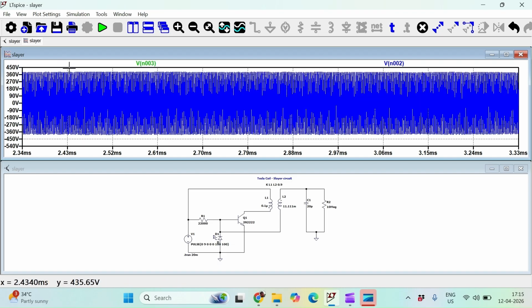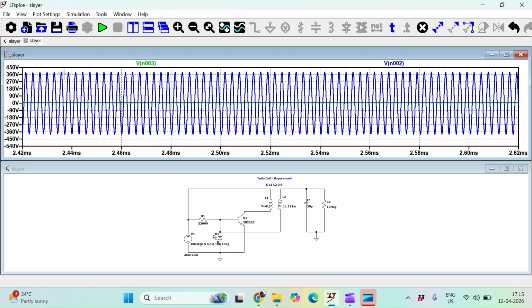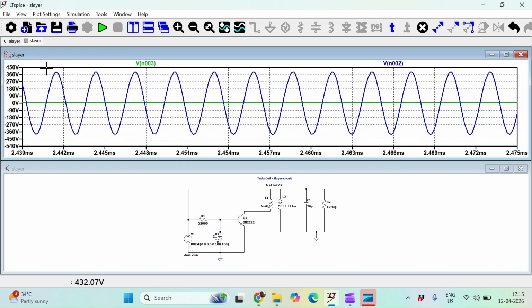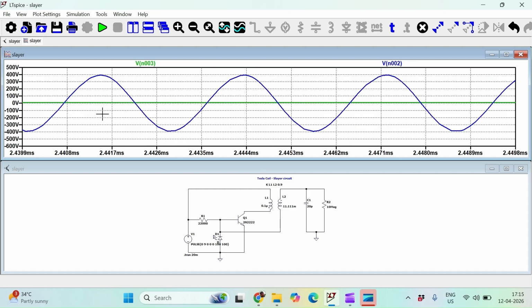You can see that the voltage across the coil has an amplitude of around 360 volts, and if we measure the time period of the oscillation, it comes out to be around 0.003 milliseconds. If we convert this to frequency, we get around 333 kilohertz.